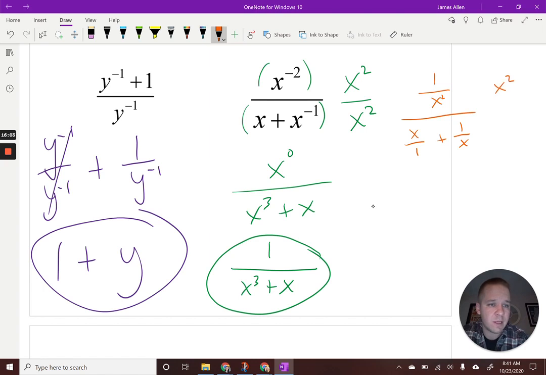So if I multiply by x squared here and x squared here, perhaps you might see the simplifications a little bit better. X squared times this one gives me x squared over x squared, which is 1. And then x squared times this guy would be x to the third over 1, so x to the third. And then times this one, I get x squared divided by x, which is just x.